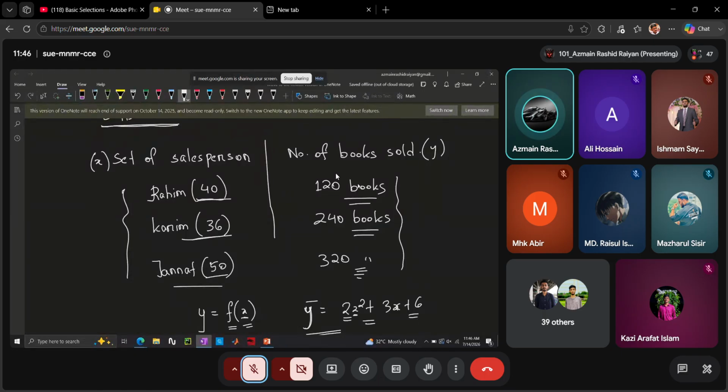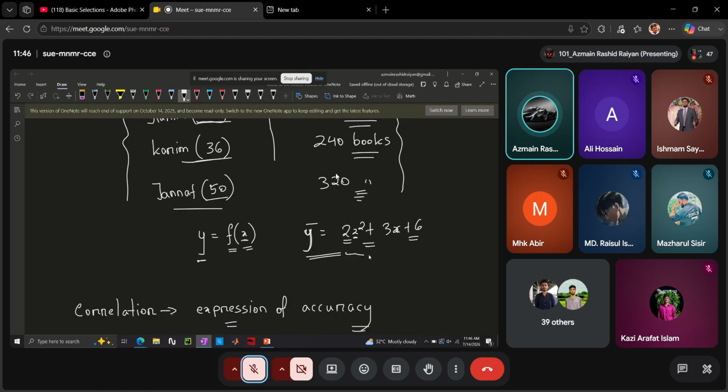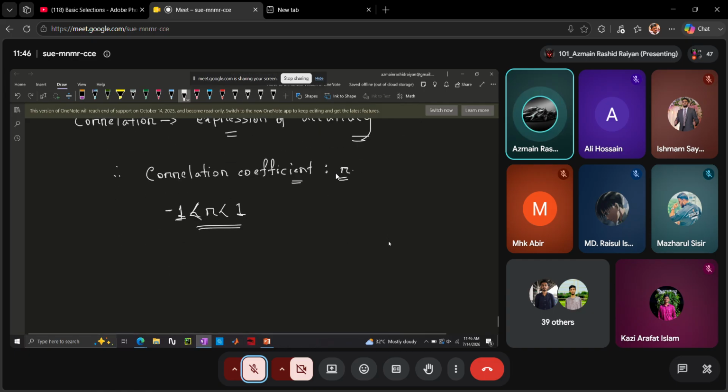Let's say we have made a regression model. On that basis, the correlation coefficient tells us how accurately or precisely this regression model is able to capture the varying data. Let's say our correlation coefficient is r = 0.81.